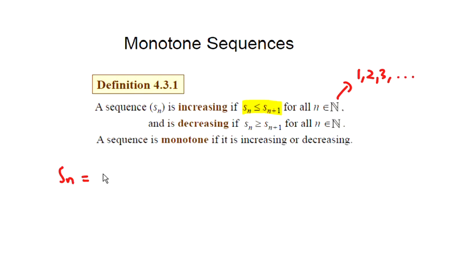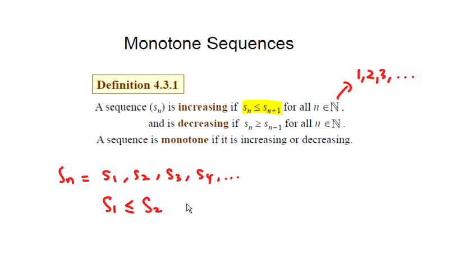So S sub n, if we expand we get S sub 1, S sub 2, expand again we get S sub 3 and then S sub 4 and so on. So for an increasing sequence, S sub n must be less than or equal to S sub n plus 1. For example, S1 must be less than or equal to S sub 2.